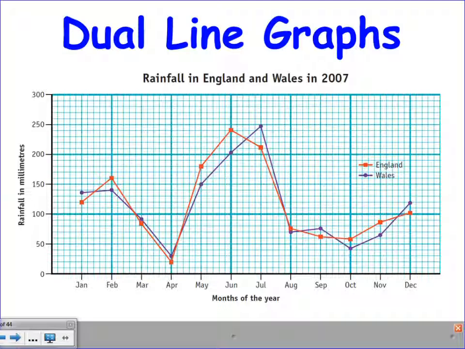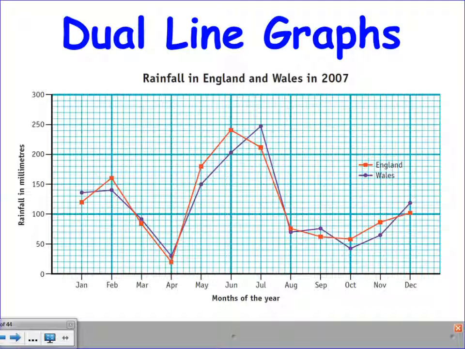Now 99% of the time they will just give you the dual line graph because you haven't got time to draw 2 line graphs. Yeah, it would take a huge amount of time. Okay, so much like the homework you've seen so far, remember we had the pen sales a couple of weeks ago? You know, which company would you buy 100 pens from? Dual line graphs are all about can you read it, understand it, interpret the questions and give good answers.